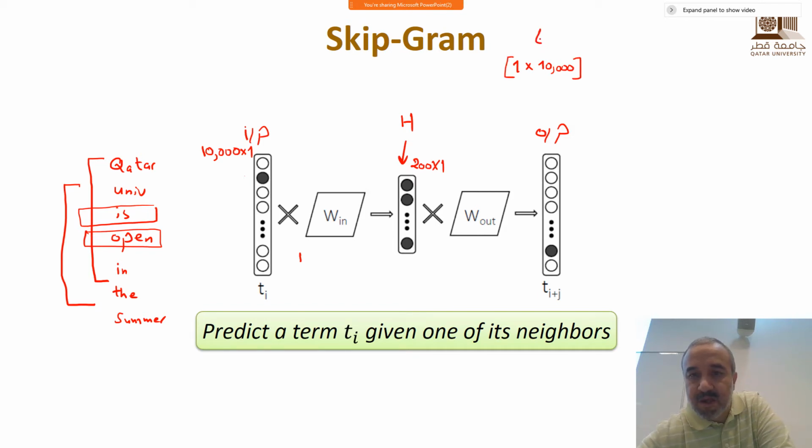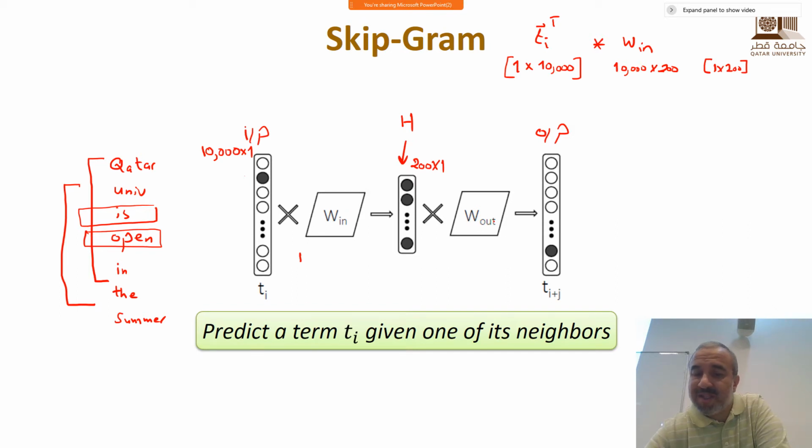Times Wn will give us a vector of size 1 by 200, which is the transpose of it. So if you remember, this has to be 10,000 by 200. Okay, so that's the size of this matrix.